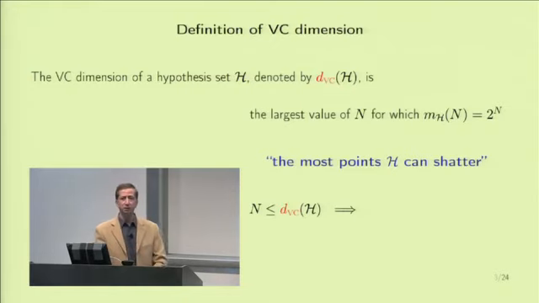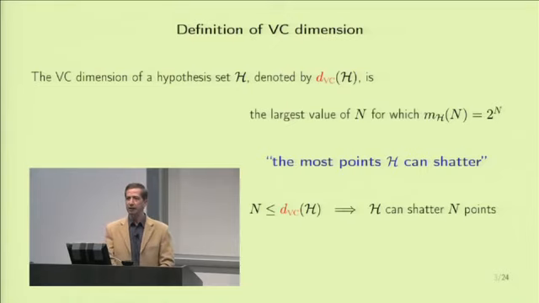Okay. So let's try to take this definition and interpret it. Let's say that I computed the VC dimension. I told you the VC dimension in this case is 15. Now, what can you say about n, which is at most 15, in terms of the ability to shatter or not? You can say that if n is at most the VC dimension, then H is guaranteed to be able to shatter n points.